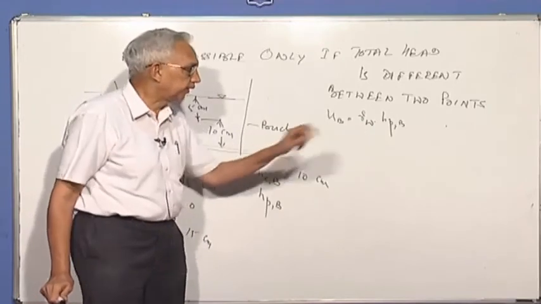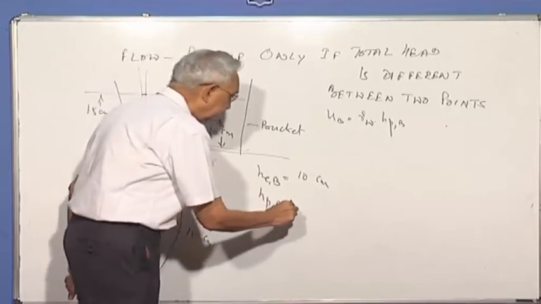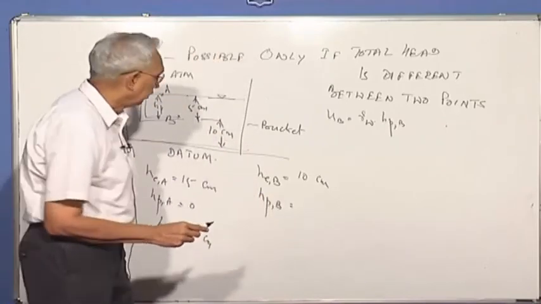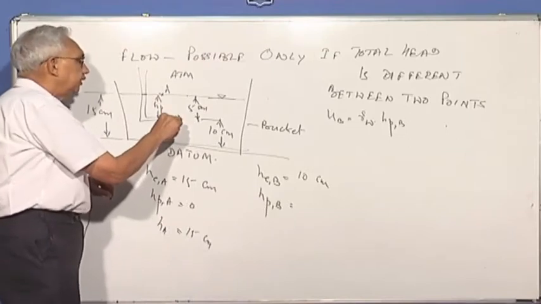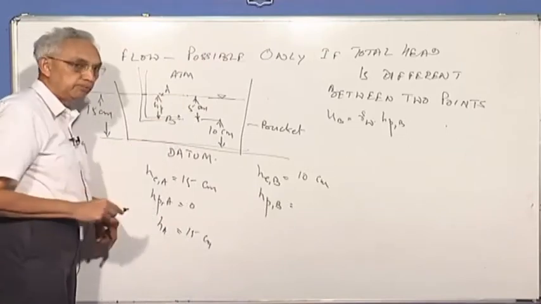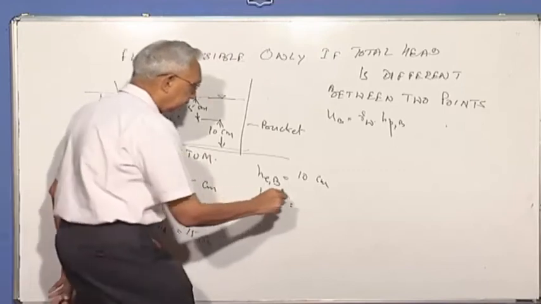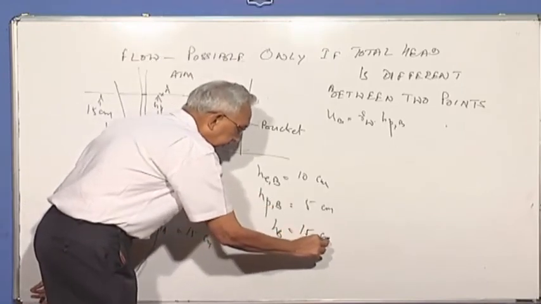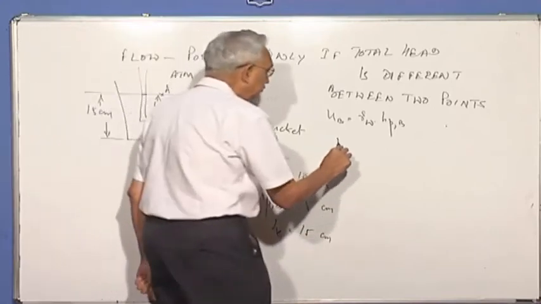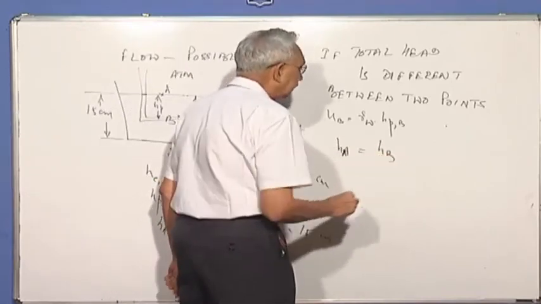So that is the pressure head. So can I now say this is equal to 5 centimeters, because the difference in elevation between B and the top of the water level is 5 centimeters. So now the total head at B is also 15 centimeters. Now you find that H_A is equal to H_B, so no flow.